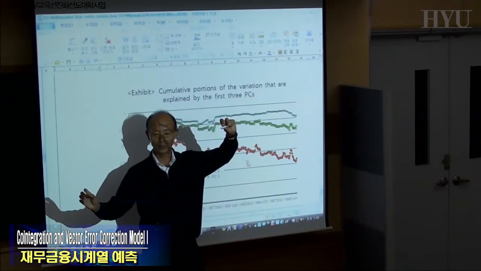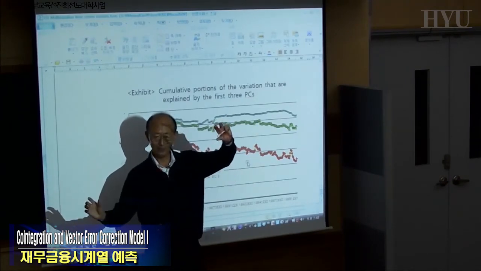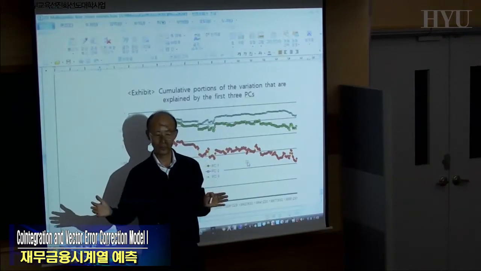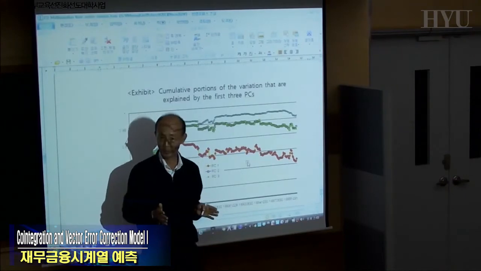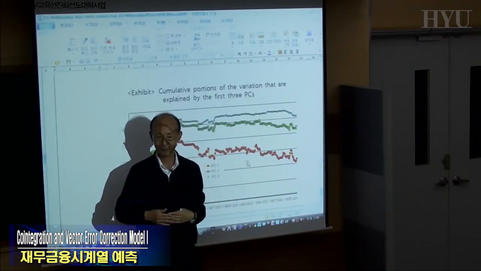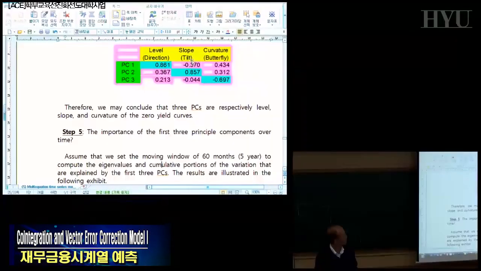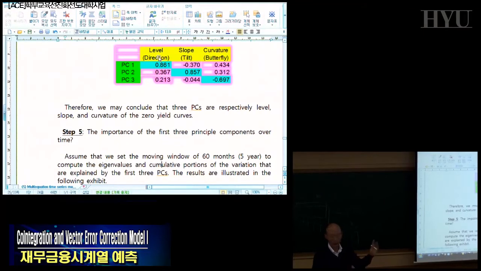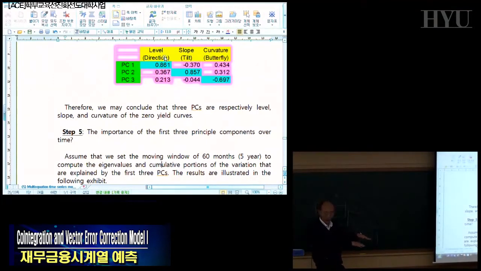As a fund manager, depending upon your view about the future shape, this way or that way, you can form your portfolio by purchasing more long-term bonds relative to short-term bonds, or the other way around. The slang used in the industry, the level factor, means whether the whole thing will go up or down.